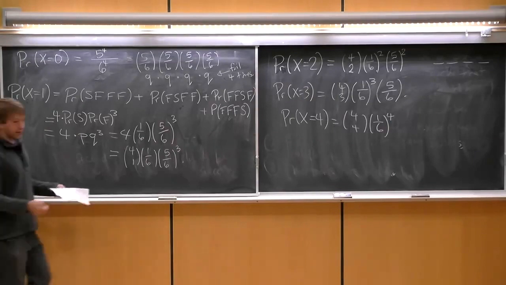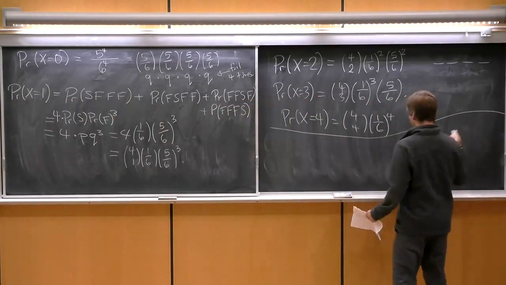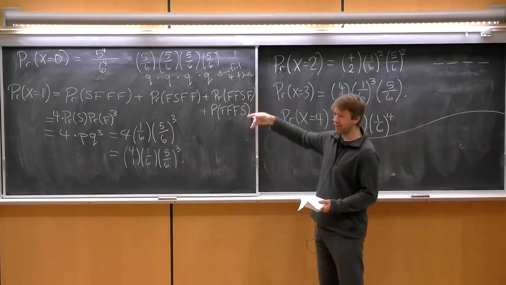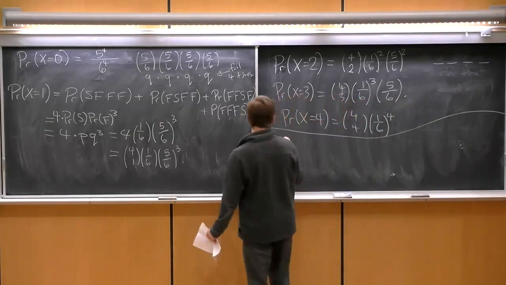Okay, so this is a sort of general formula here. And if you think about it, just by thinking of things in the same way, we can get a general formula for any binomial random variable.